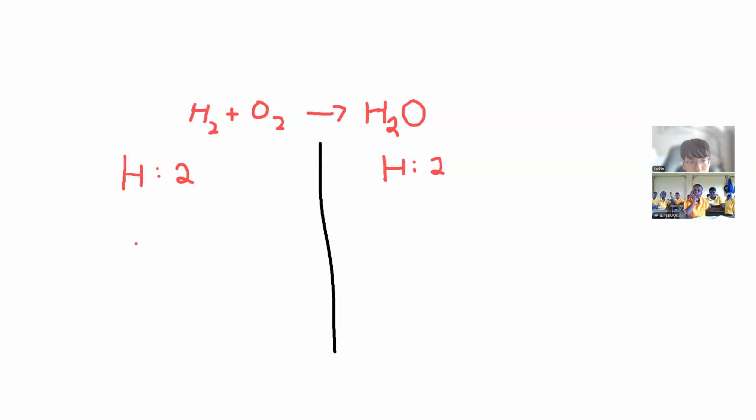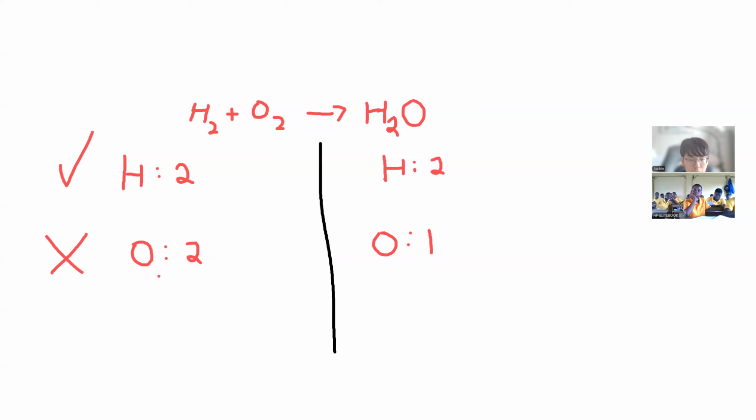How many oxygen atoms on the left side? You can see it has 2. How many oxygen atoms on the right side? It's like a puzzle. It has 1. So we have the same number of hydrogen, which matches. Good. But the oxygen is not good because we don't have the same number of oxygen.